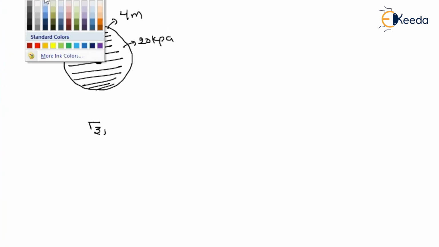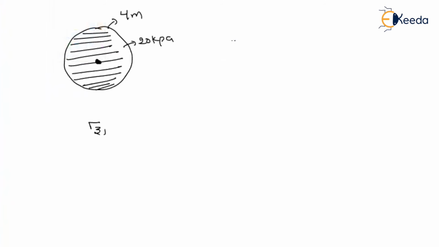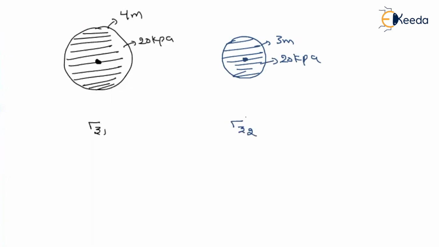In the next case, I will consider a circular loaded area having diameter 3 meter, and also here I will consider the intensity again at 20 kilopascal. And again I will find out the stress at the center, which I will call sigma Z2.